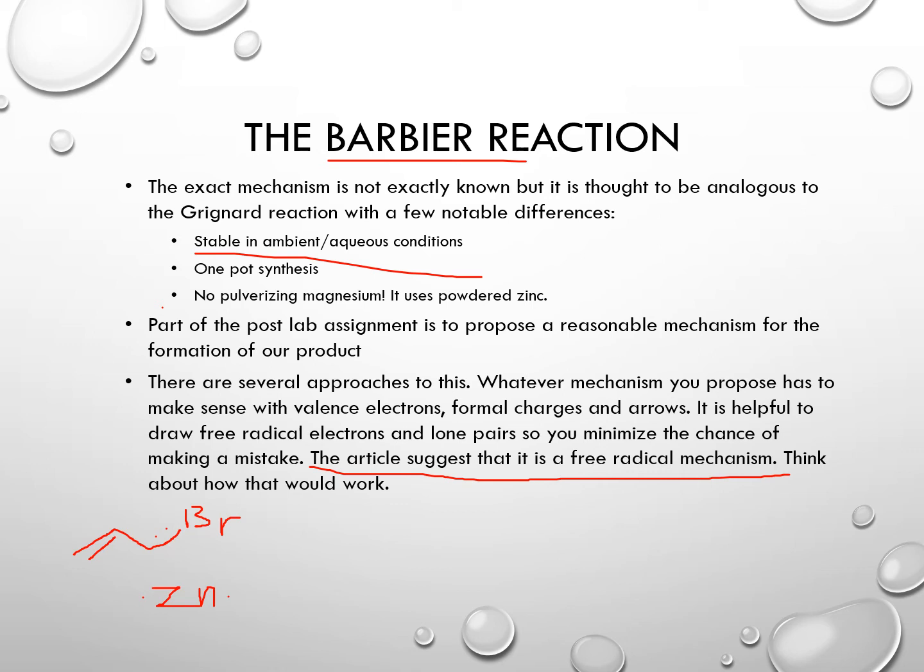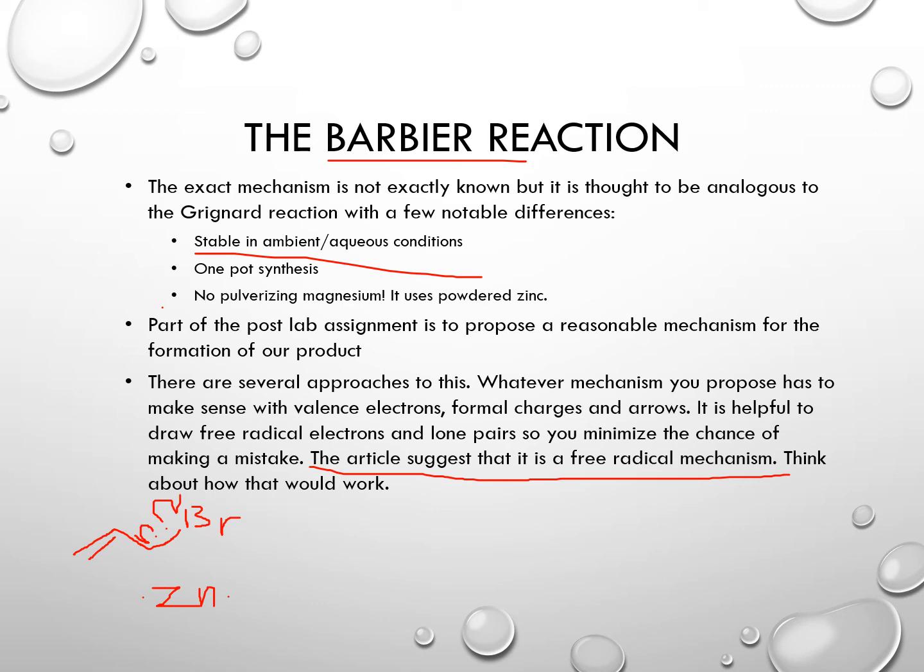So how do we turn this and get it to be ZnBr? Well, we're going to use some fishhook arrows and we're going to cleave this bond. Like that. So 1 electron is going to the Br and 1 electron is going to go to the carbon.